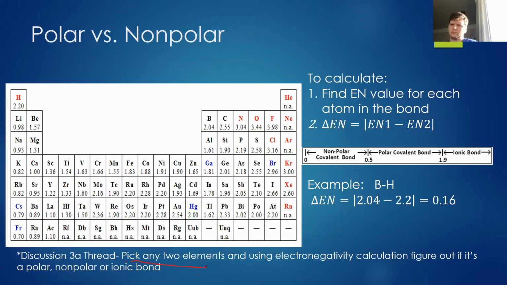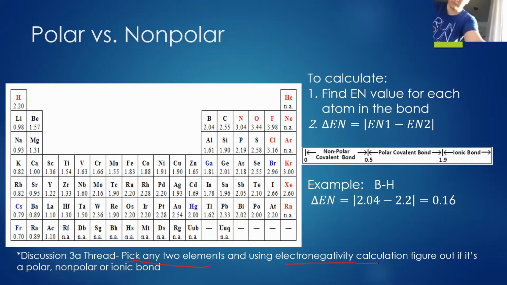Where you pick any two elements, and we're going to use the electronegativity calculation that we're about to talk about to figure out if a bond between those two elements is polar, nonpolar, or ionic. So we just looked at diagrams of what that looks like. A nonpolar covalent bond would be a symmetrical electron cloud where the electrons are shared equally.